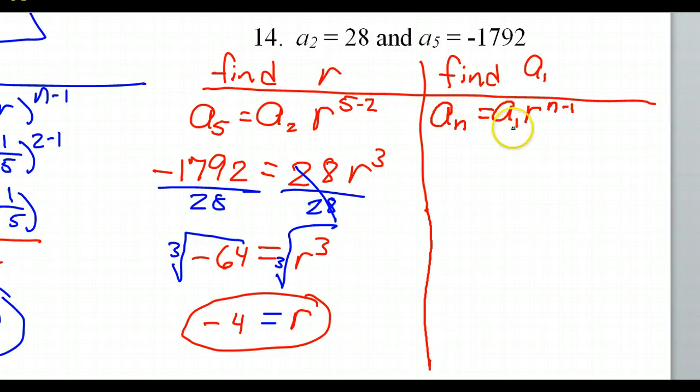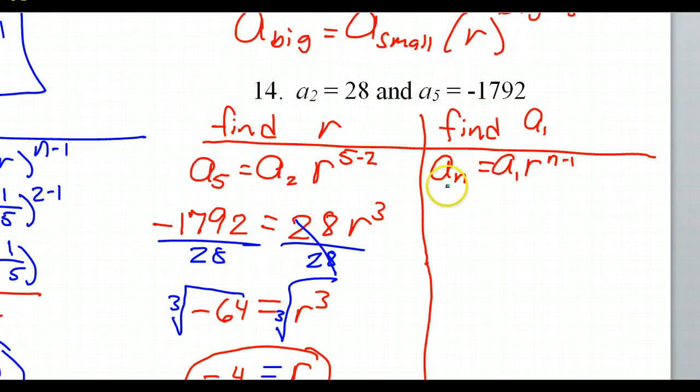Anyway, I'm looking for a1, so I need to have everything else. Once again, for this an, you can pick whichever one you want. Can you guess which one I'm going to pick? I'm going to do the a2. The numbers are smaller, and it's all positive. But either one would work.